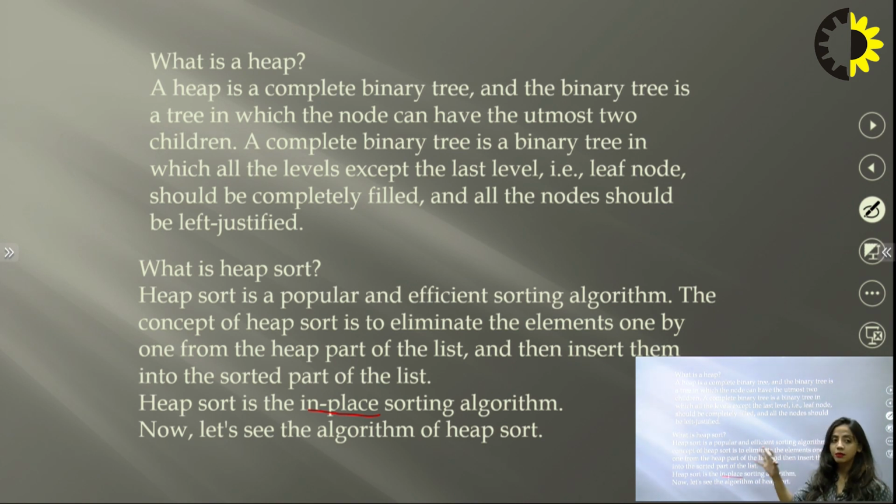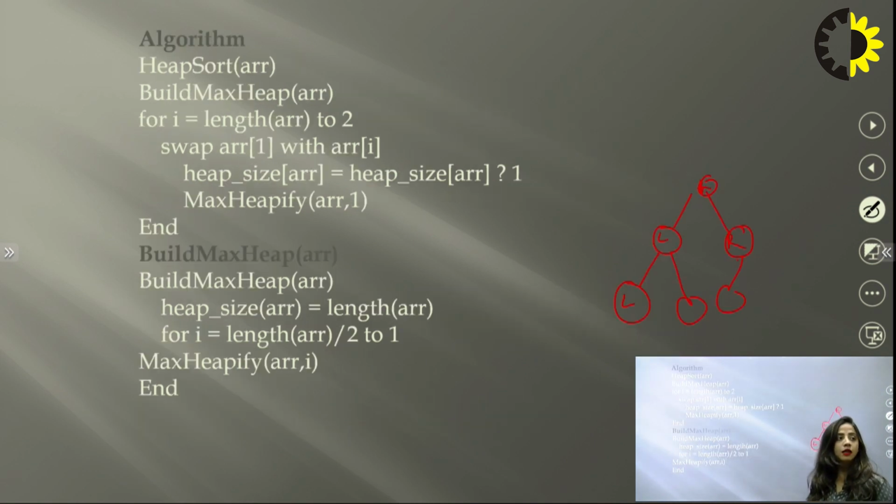The sorting is completed within the same storage, and no additional space is required. Those kinds of algorithms are termed in-place sorting algorithms. Whenever you are asked to suggest an example of an in-place sorting algorithm, you will say that heap sort is an in-place sorting algorithm.